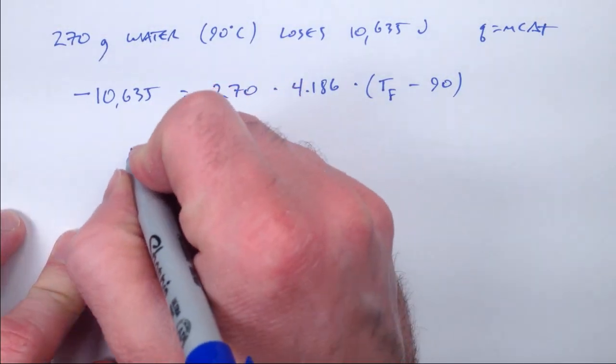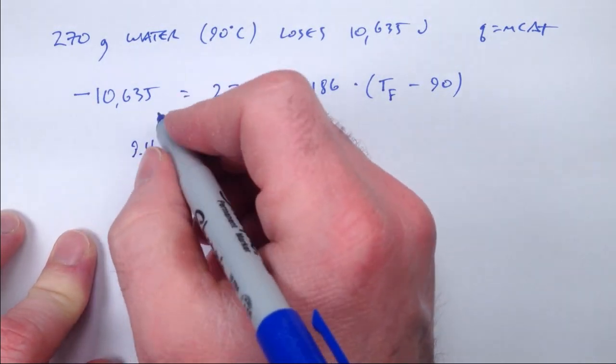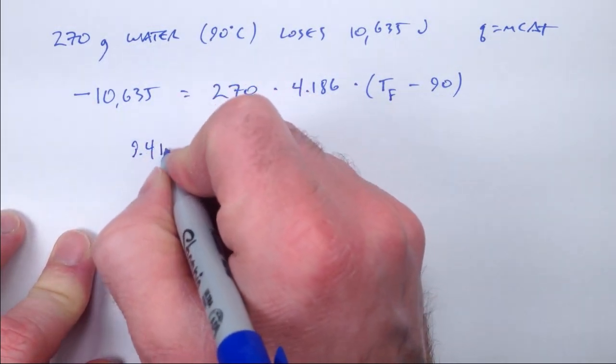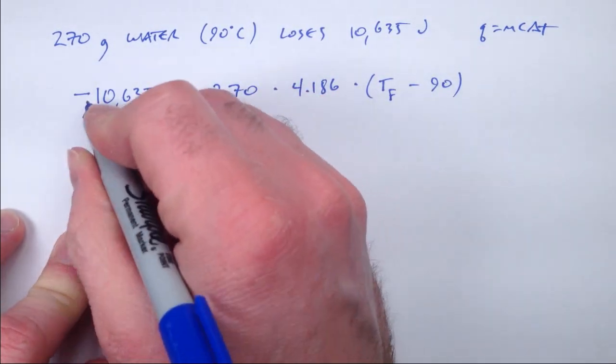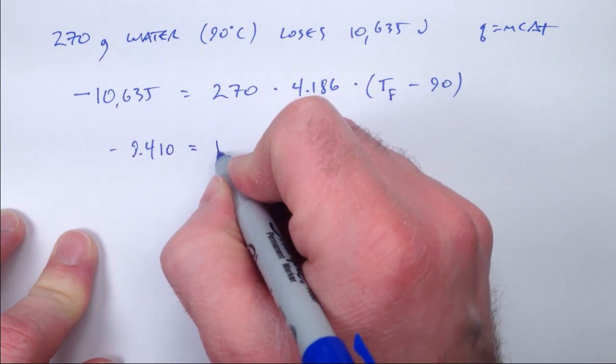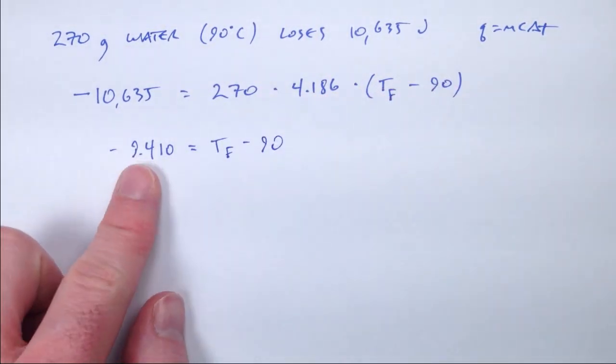Turns out it's 9.410. Well, negative sign, of course. So the temperature went down by 9.4 degrees.